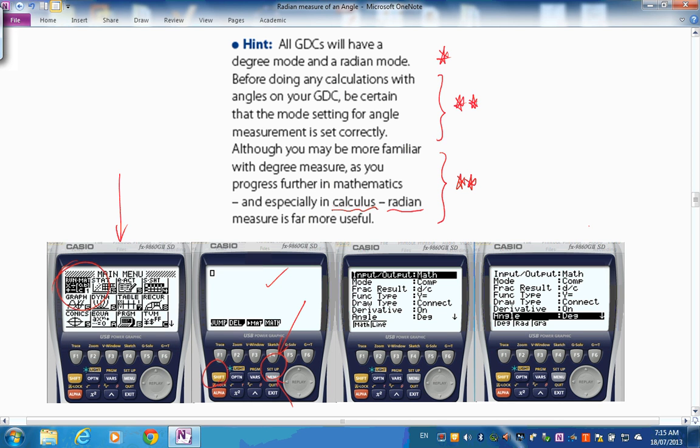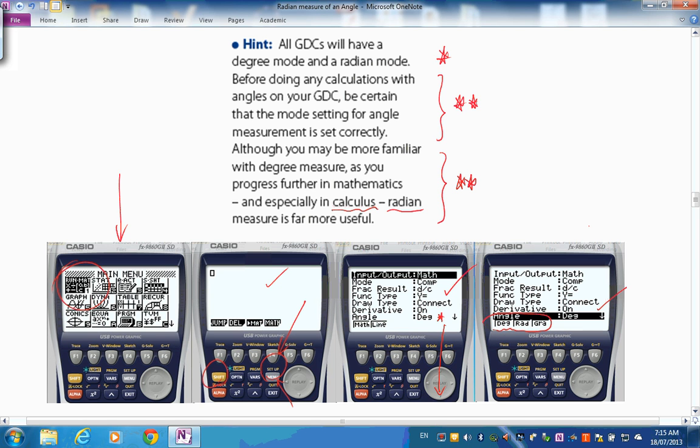You then get this window here, and you can see down here an angle setting, angle in degs. That would be what you've usually used. If you use this button here and scroll down, you can highlight angle and degs, and up come the options.